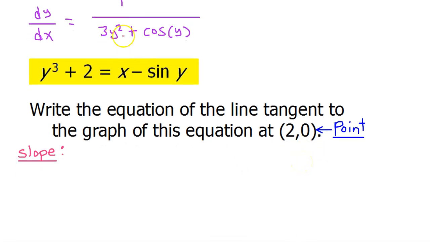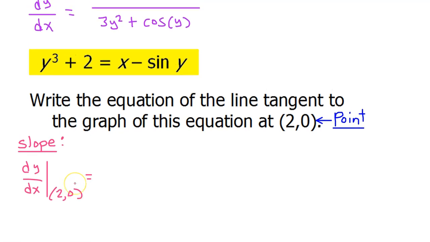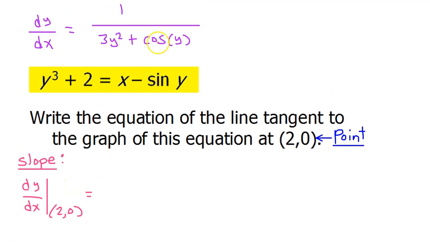So don't just go plugging in the 2 and the 0 without using the notation that shows that you're about to plug something in. It goes like this, dy dx, and you put a vertical line, and then at the bottom of the vertical line, you put the 2, 0. This is mandatory. Now you can plug in the 2 for x and 0 for y. Well, there are no x's, so we're just plugging in 0 for y.